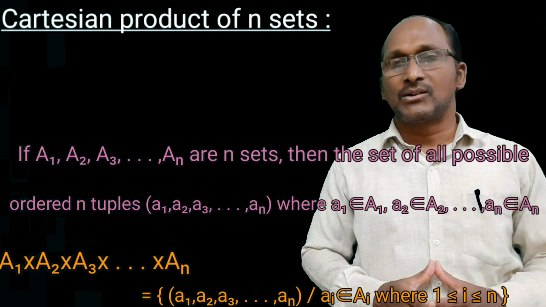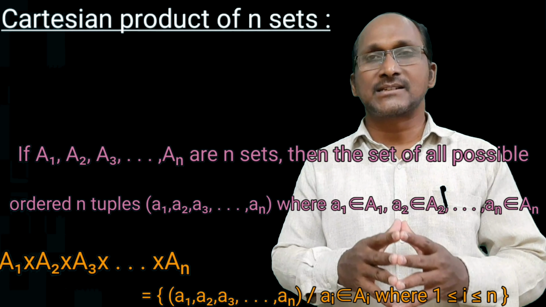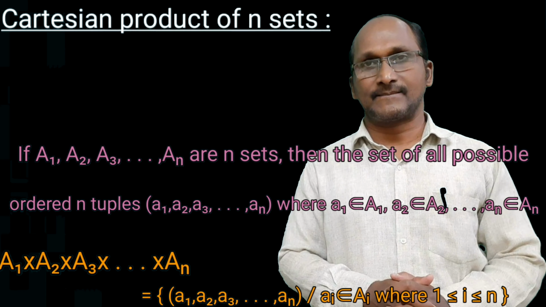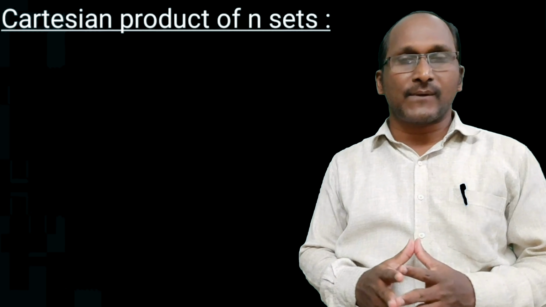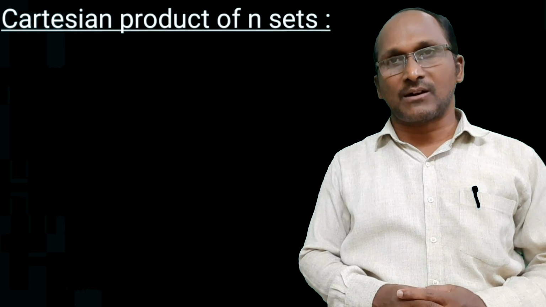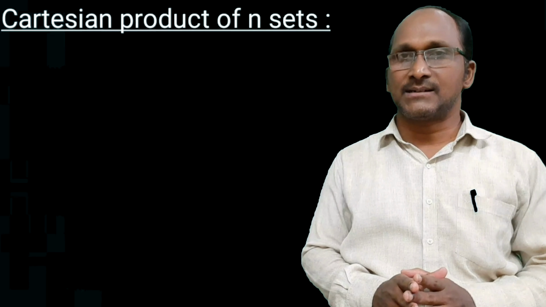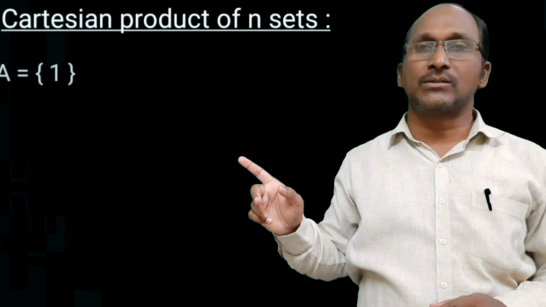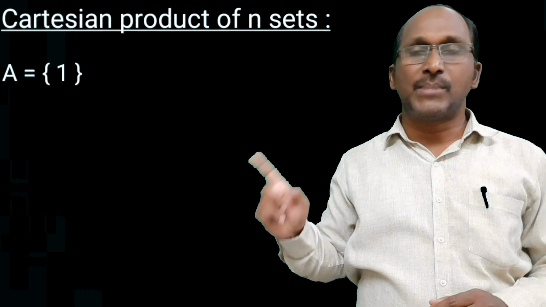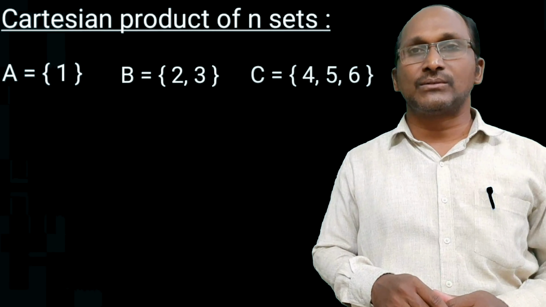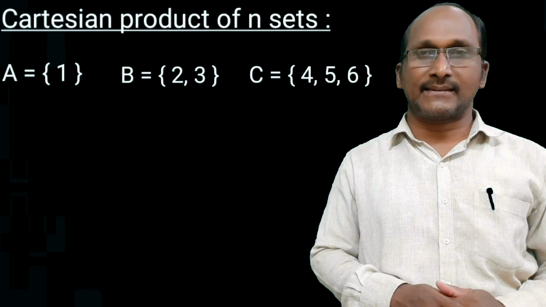So like this we can define the Cartesian product of any finite number of sets. Now let us find the Cartesian product of three sets A, B and C. For that, let us take A is equal to set of 1, B is equal to set of 2, 3 and C is equal to set of 4, 5, 6.